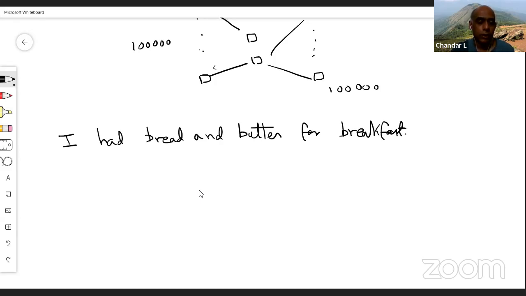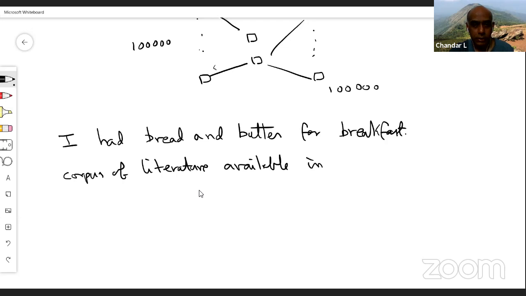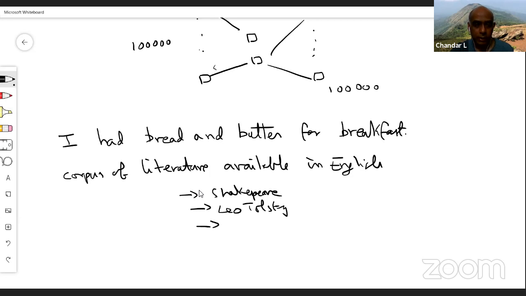Now let us think of the whole corpus of literature available in English, which could include all of Shakespeare's works, all of Leo Tolstoy translated to English, and the encyclopedia, whatever.